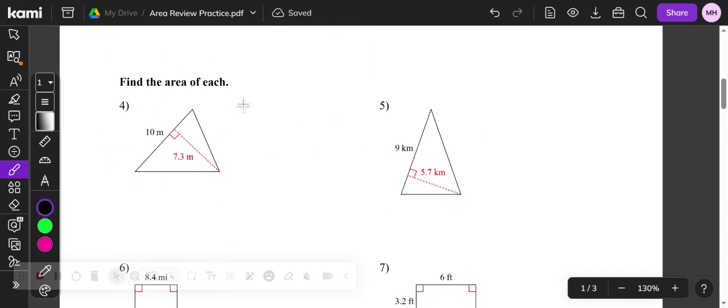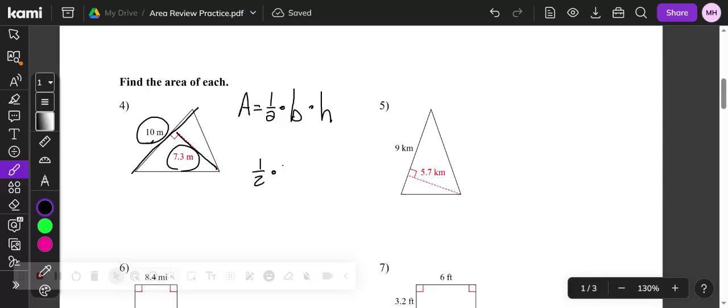Okay, the area of a triangle is 1/2 times the base of the triangle times how tall the triangle is. In this case, we would have to treat this as the base, and this would be your height. So we're going to do 1/2 times the base times the height. 1/2 can be, you can type in 0.5 for that.